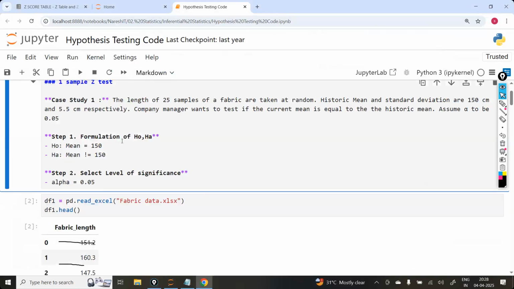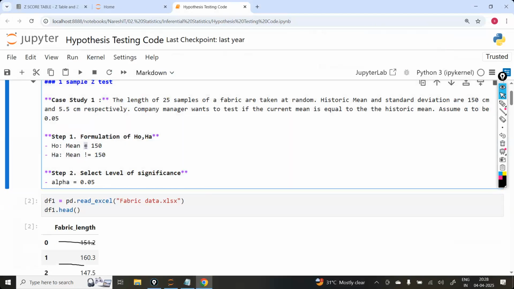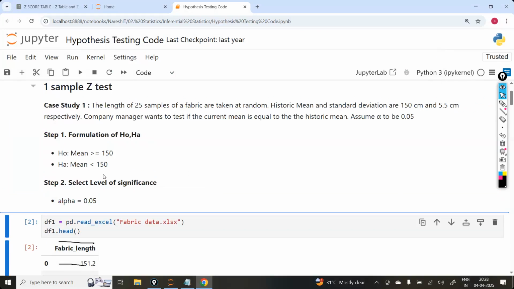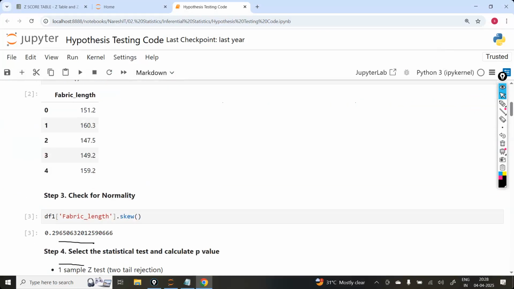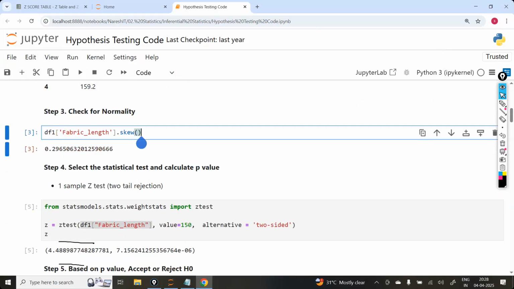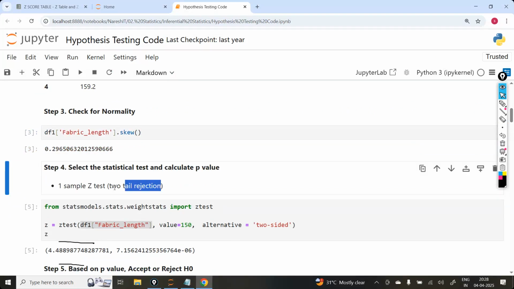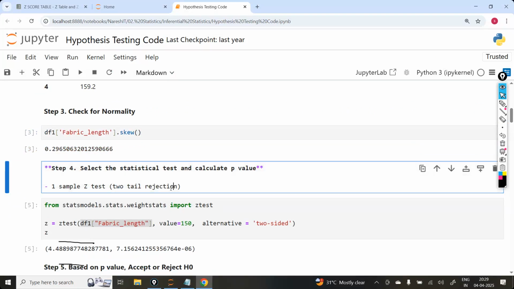So from this one, what is the null and alternate hypothesis? Greater than or equal to 150, less than 150. Okay, alpha is same, data is same, normality is same, z test is same, but what is the rejection? Not two-tailed, it is a left tail rejection. Only when it is less than 150, we are going to reject the null hypothesis. Left tail rejection.